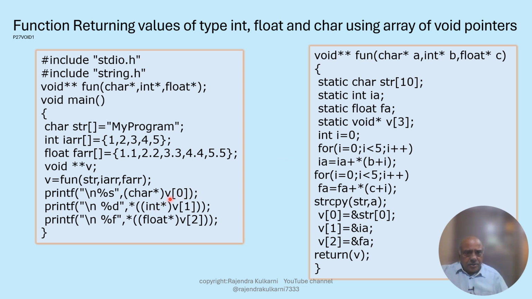See, this V is the array V of function. So V0 will contain the address of str, but that address is a void address, as we have declared it a void star array, that has to be typecasted into a char pointer.